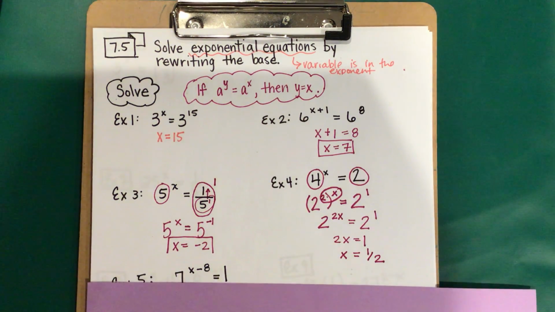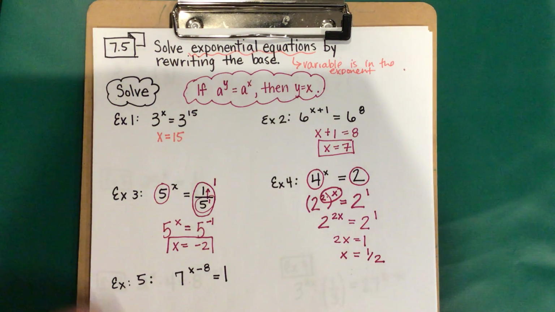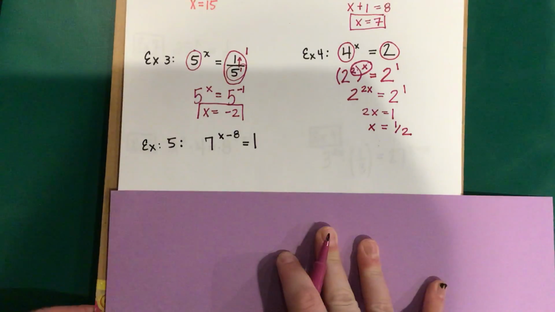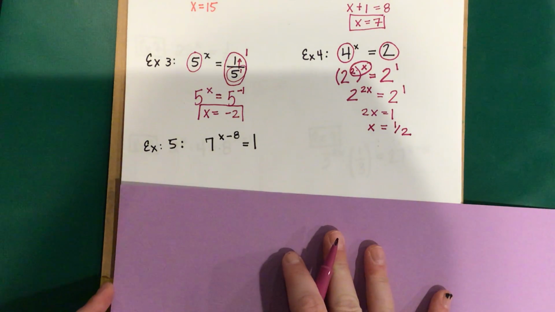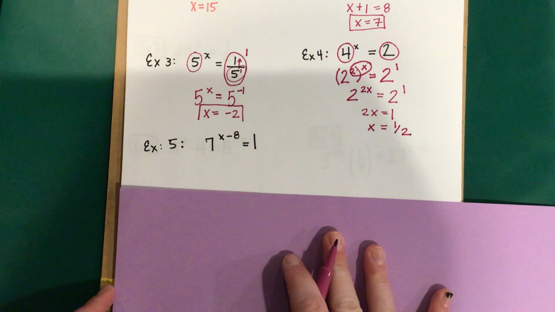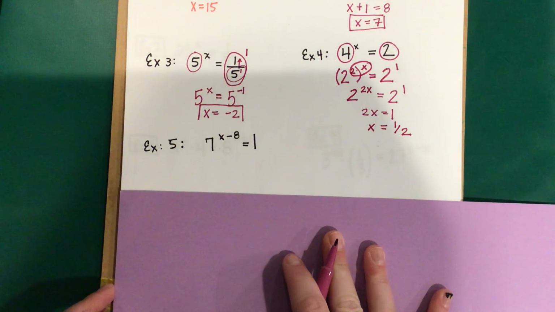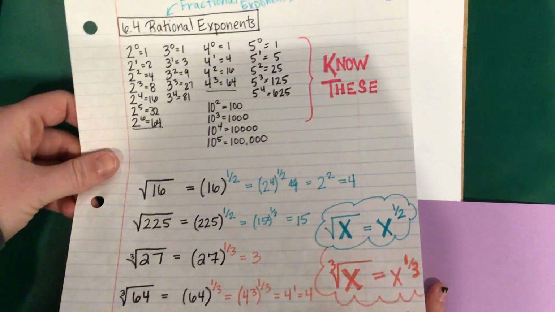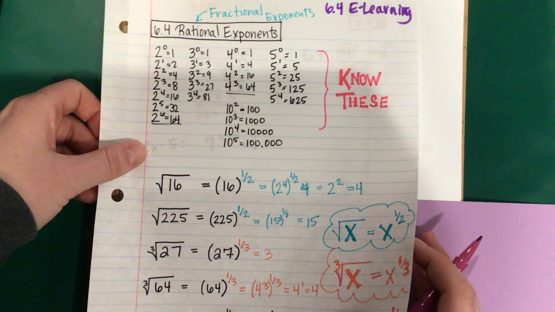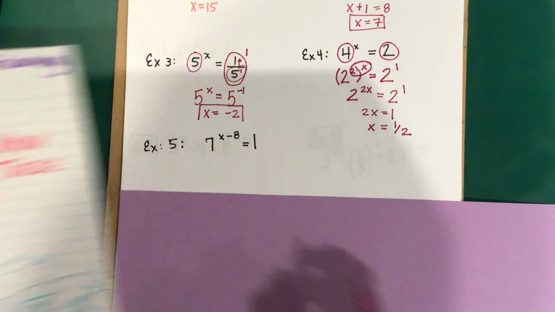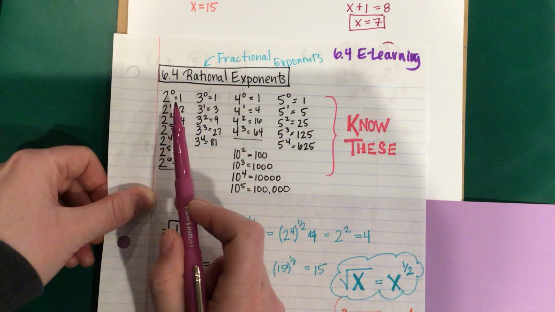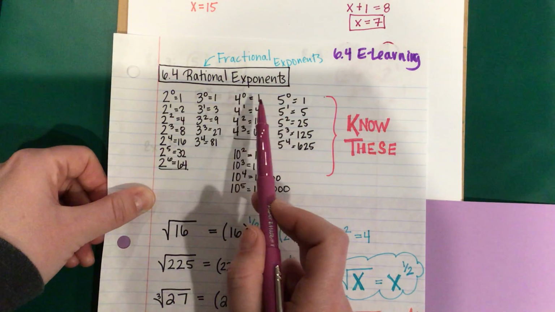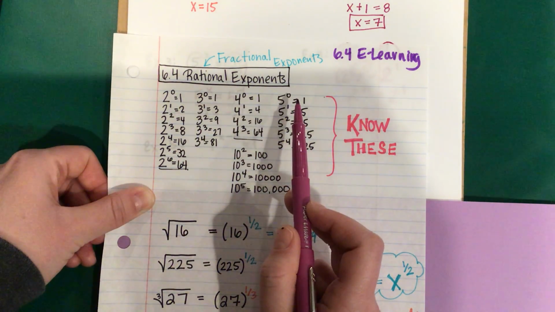Now, in this one, this is probably one of the more difficult problems for people to recognize. Because, well, one, I didn't even write the 7 here. But what I do want you guys to see is, so we have this equal to 1. Well, if we take a look here, all of these are the ones that equal 1.